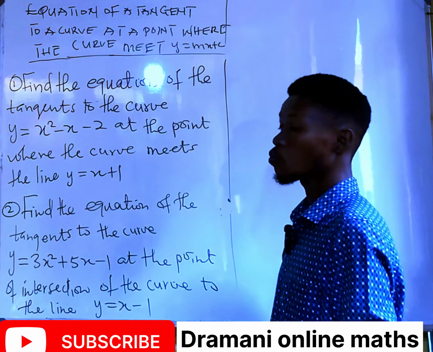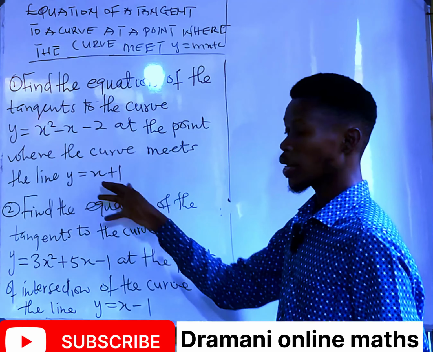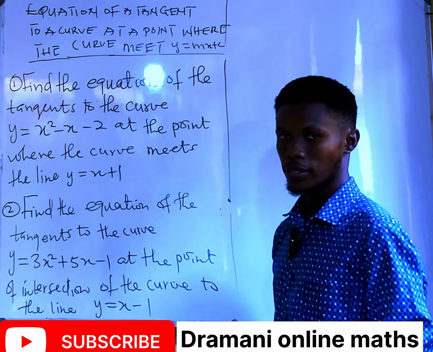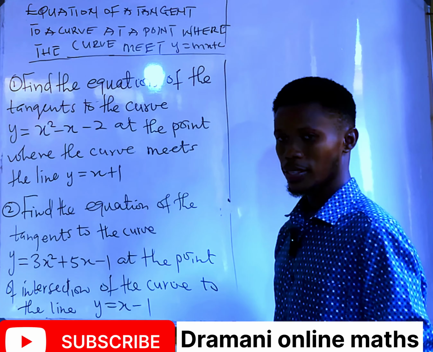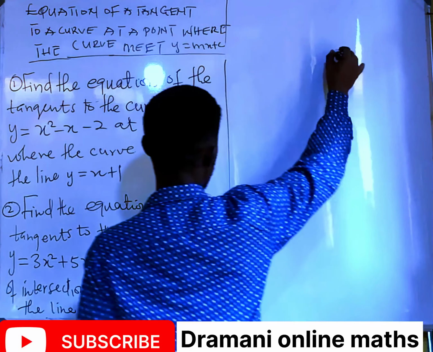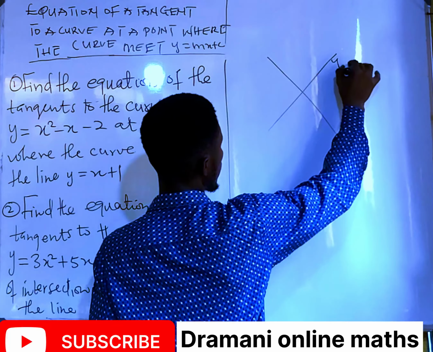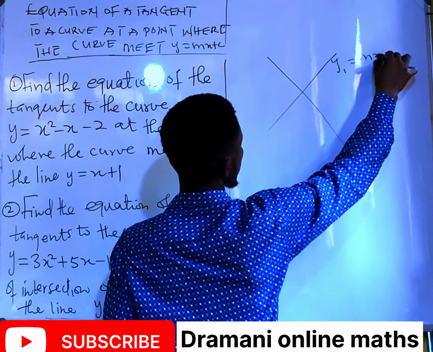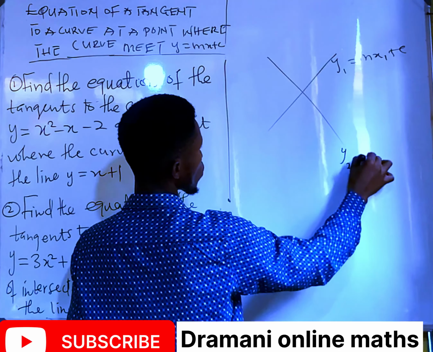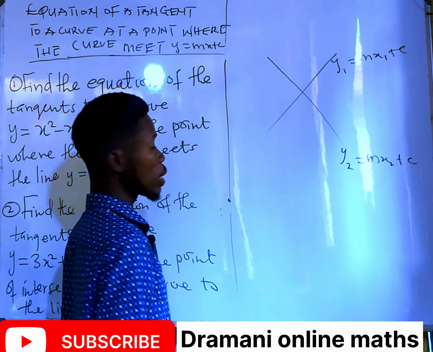So for this case, anytime you have something like this, you remember back in JHS, back in SHS, you were drawing straight lines. Let's say y1 equals mx1 plus c, and you have another line, y2 equals mx2 plus c. These are two lines.